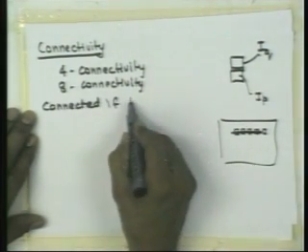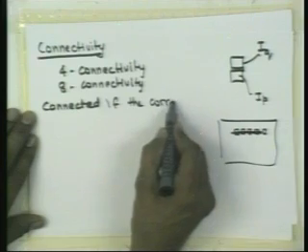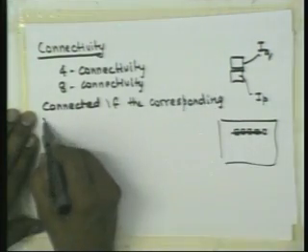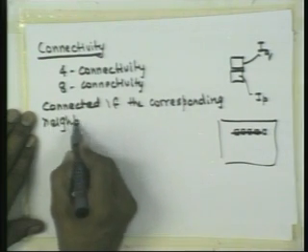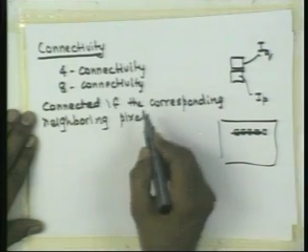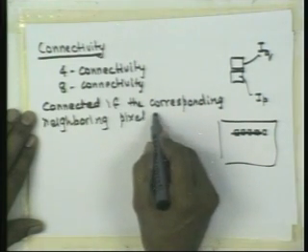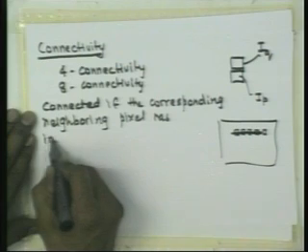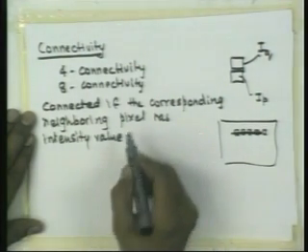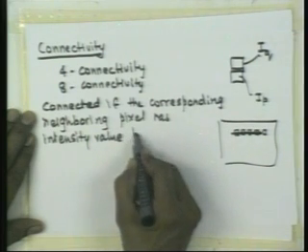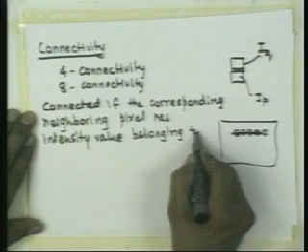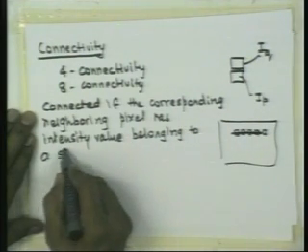So what we will say is that something is connected if the corresponding neighboring pixel has intensity values belonging to a specified set.